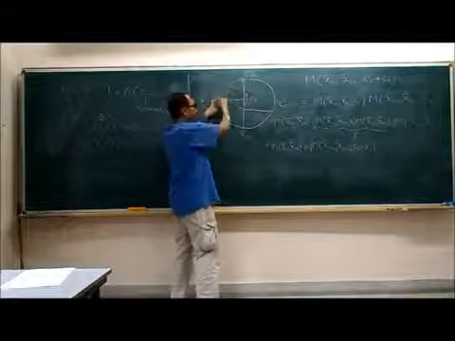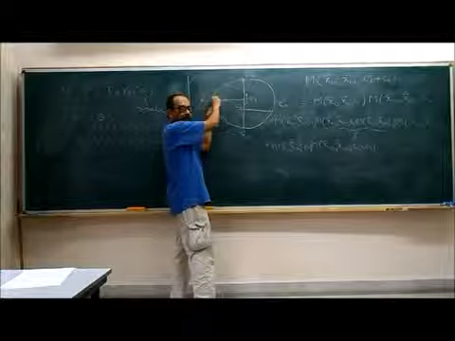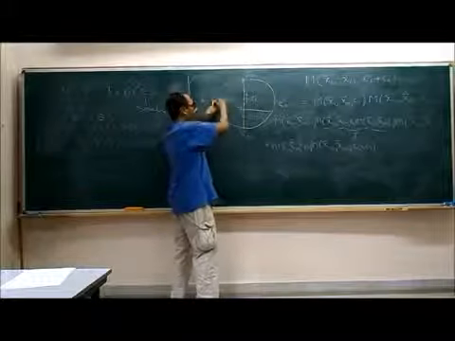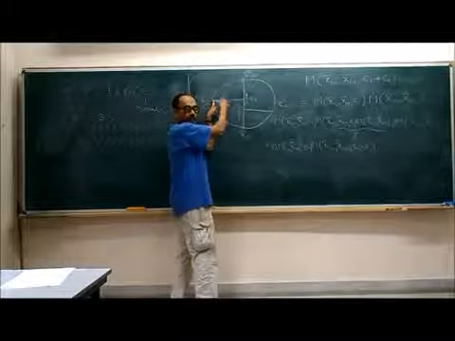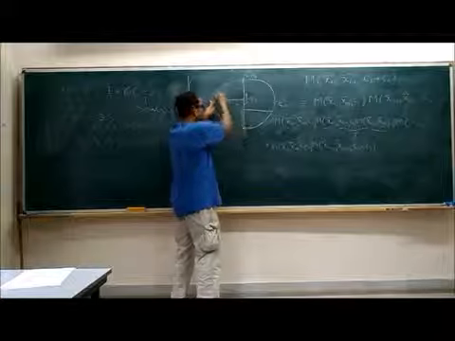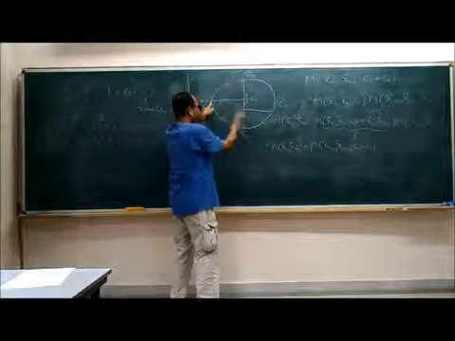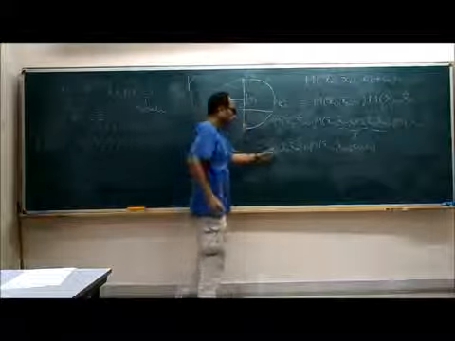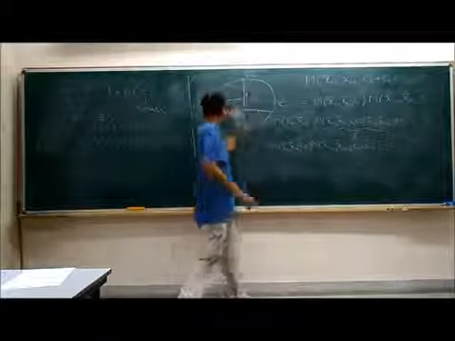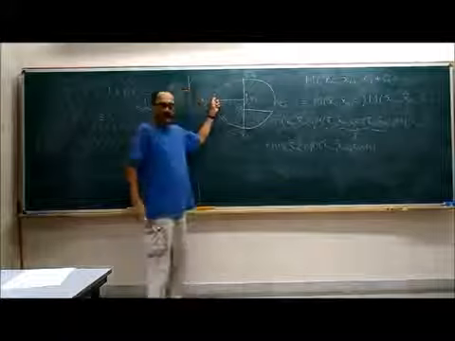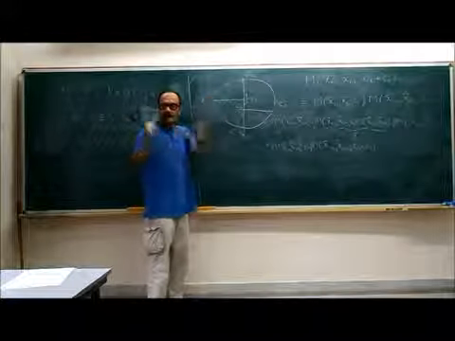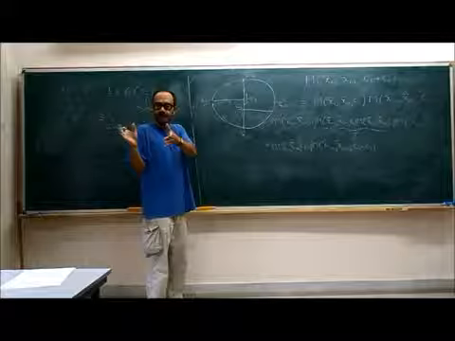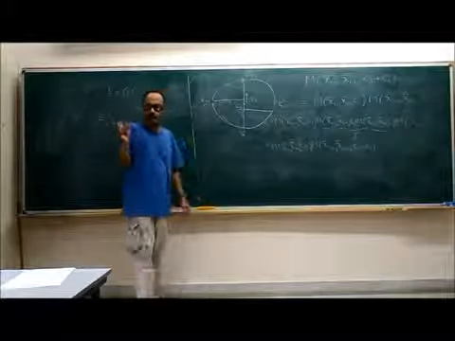If you want to express this as this and this, you have to start from here. So this loop we express as a product of these two. But we know that starting from here and going like this, and starting from here and going like this, are related by conjugation. So you first write this as a conjugate of the monodromy starting from here, and then that monodromy you can express in terms of products of two smaller ones. Is this clear?